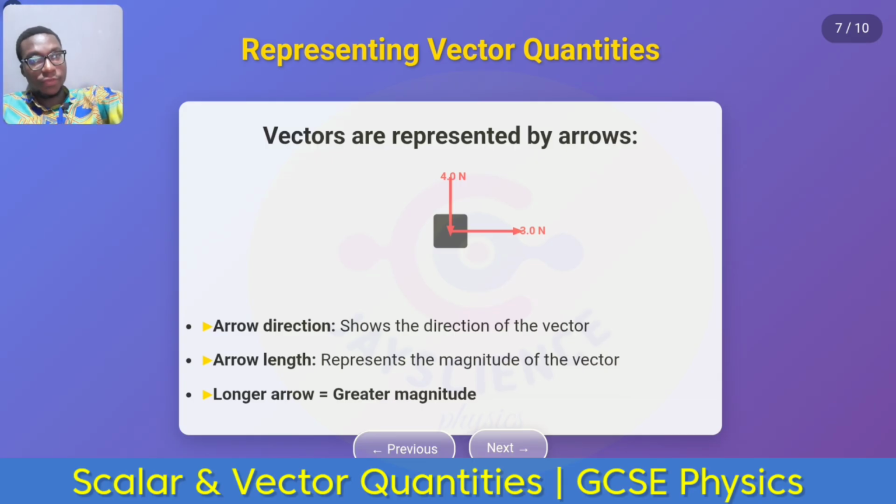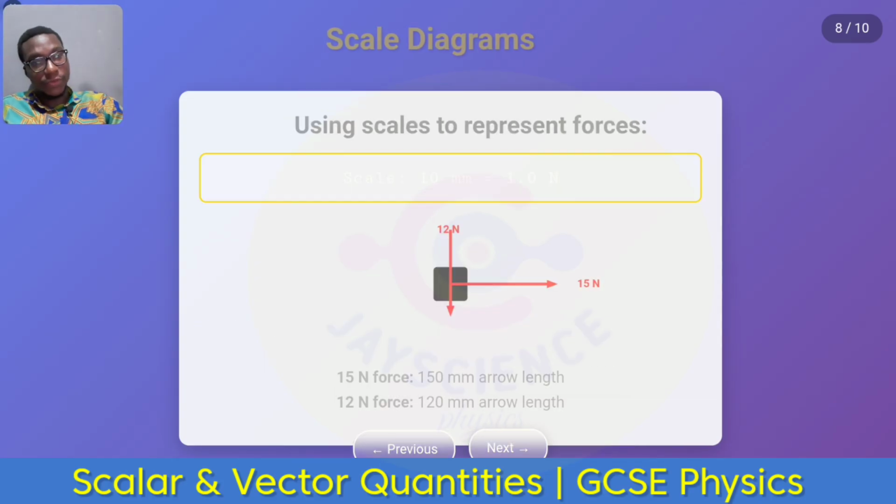If you're to draw this 4 Newton force, let's say you have 4 centimeters to represent 4 newtons. In order to represent 8 newtons, the length of that arrow has to be 8 centimeters. You get the idea. So the longer the arrow, the greater the size of your vector.